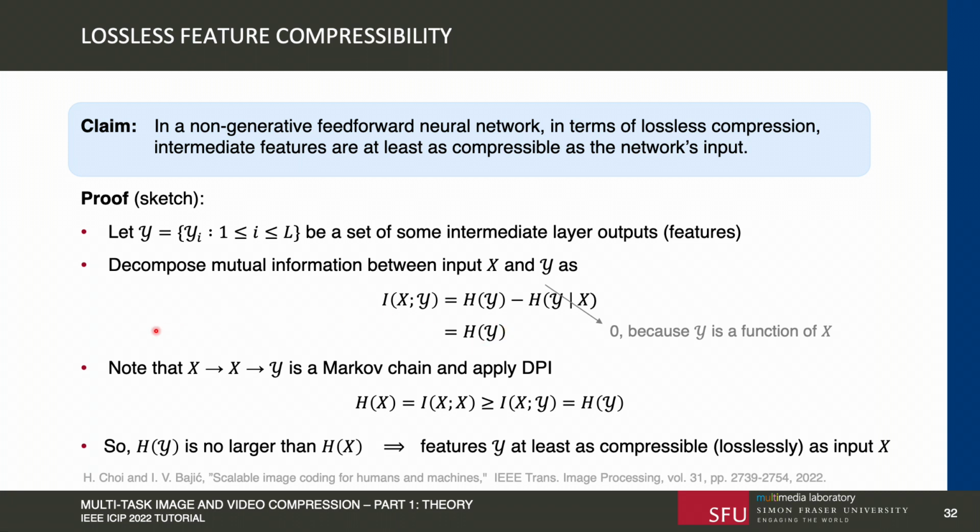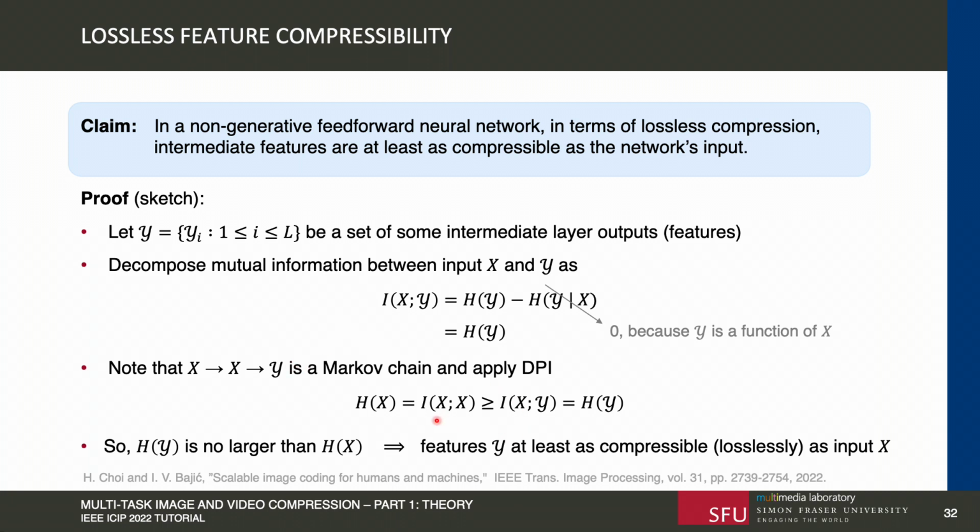On the other hand, we can also note that this chain X to X to Y is a Markov chain. This is because the first transformation is just the simple identity function, and the second transformation is just the function of the network, so the features Y being computed from X. So this is trivially a Markov chain, and we can apply the data processing inequality to it.